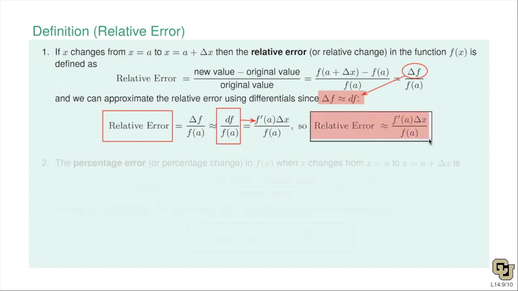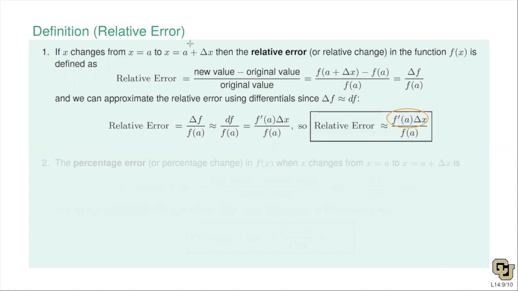So the relative change when x changes from a to a plus delta x, the relative change in f would be f prime of a times delta x over f of a. One thing I would be careful about is that this relative error formula, just by itself, doesn't really make sense. If you just look at this numerator term out of context, f prime of a times delta x, that seems weird.